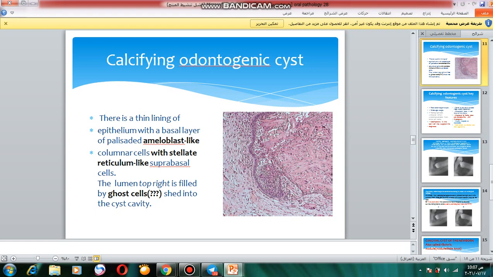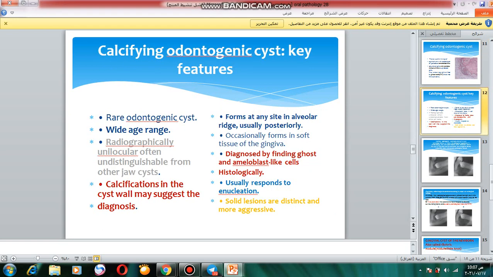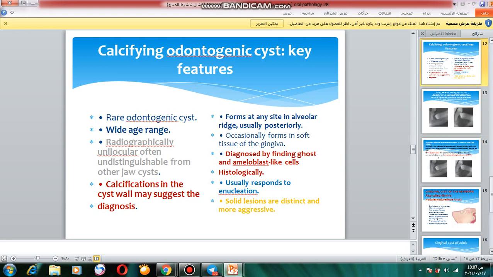Slide number 12. Key features. Odontogenic cysts are rare, but there is a wide range. Radiographically unilocular, but sometimes they could be multilocular.